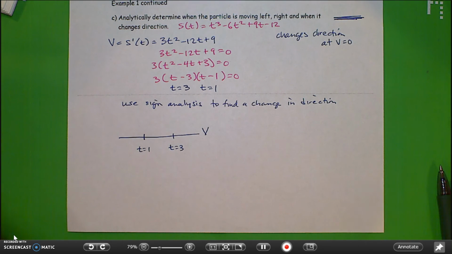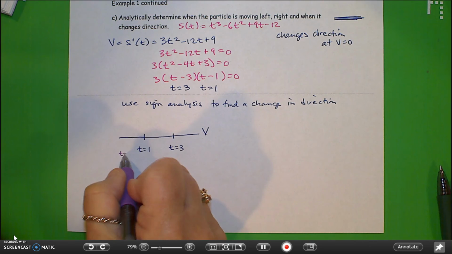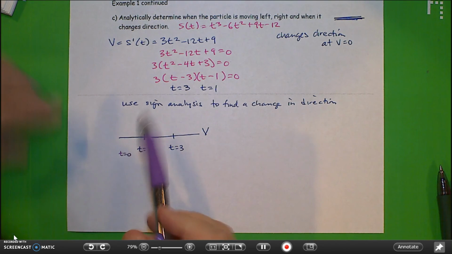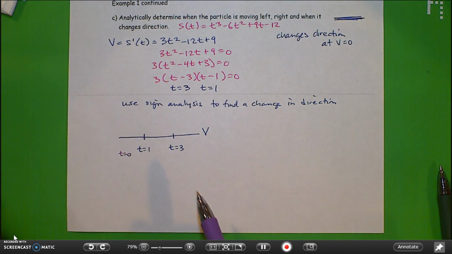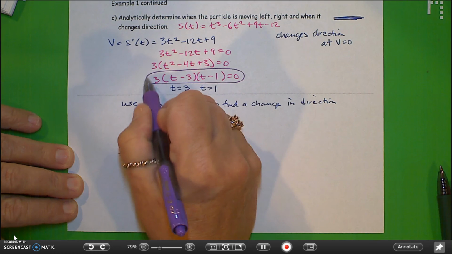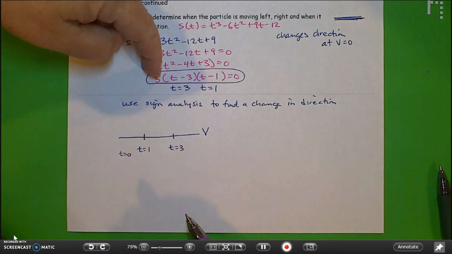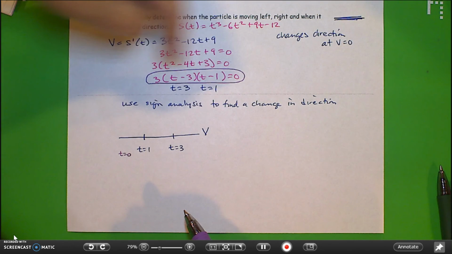I want to know on each of those intervals, am I moving left or moving right? So I'm going to pick a value less than 1, and the easiest one is 0. I'm going to plug in 0 to the velocity equation and find out if the sign is positive or negative. A really nice way to do that is to use the factored equation for velocity, and then consider for each of the factors here, is it positive or negative.